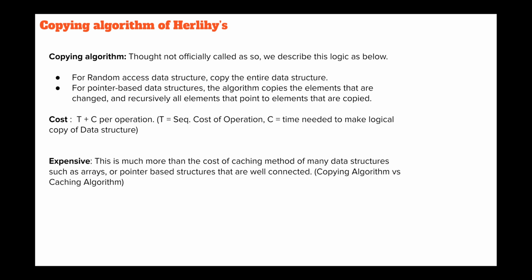In this case, the cost of copying is t plus c for each operation, where t is the sequential cost of the operation and c is the time needed to make a logical copy of the data structure. It is quite expensive when compared to the caching method, which will be discussed later in the slides.